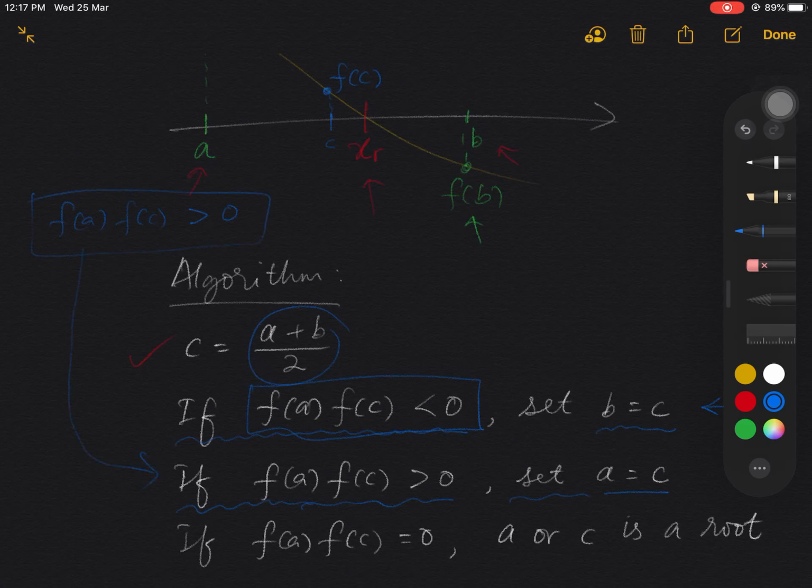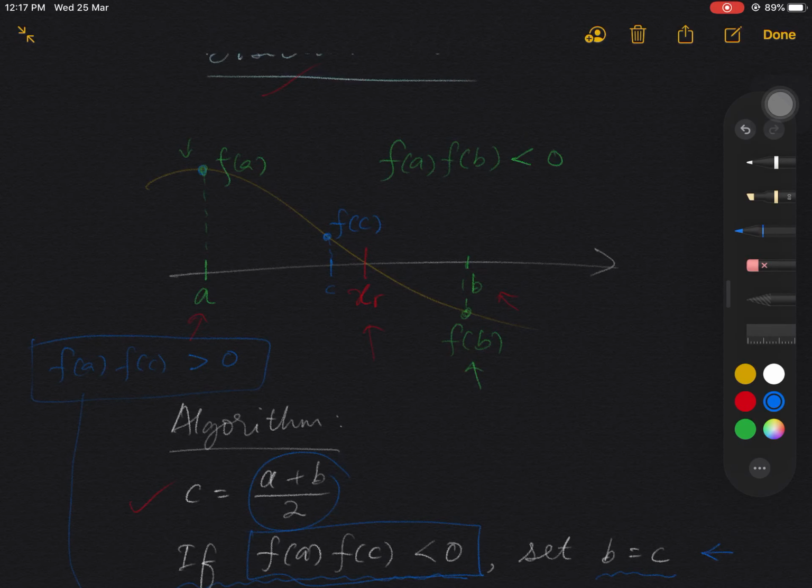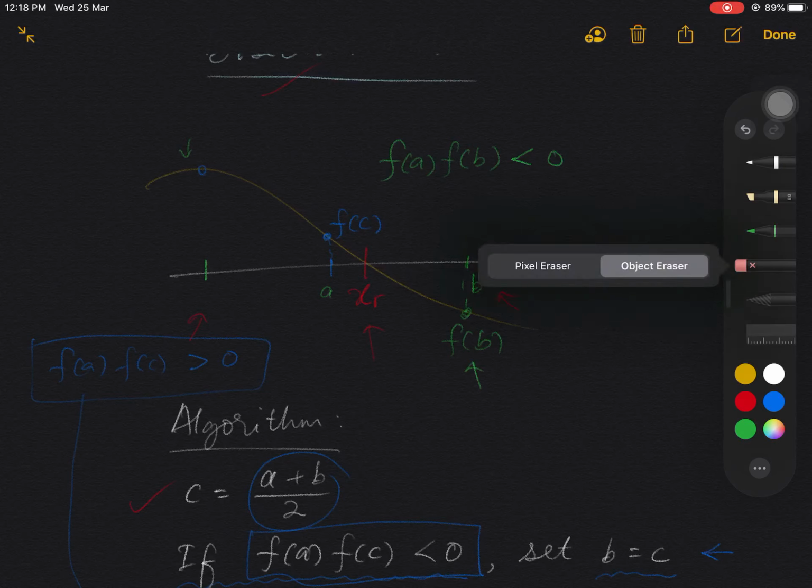So now the new A is our C. We update: this point becomes the new A, and the old part is neglected. Now, as you can see, the bracket has been reduced.